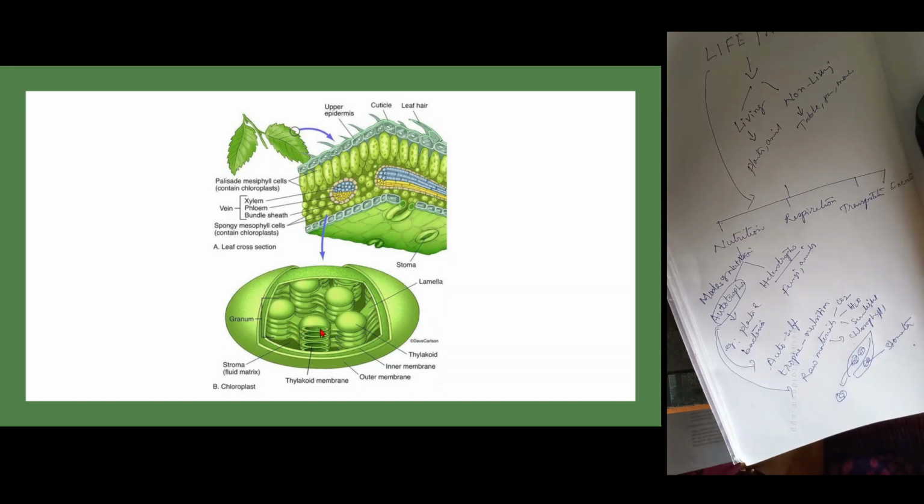This is made up of a specialized membrane called thylakoid membrane. This thylakoid membrane has green color pigments called chlorophyll A and chlorophyll B, which have the capacity to trap the solar energy, and when it absorbs the solar energy, it converts it into chemical energy.